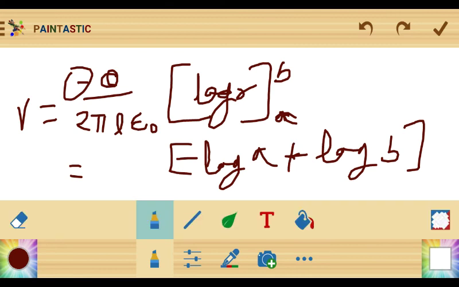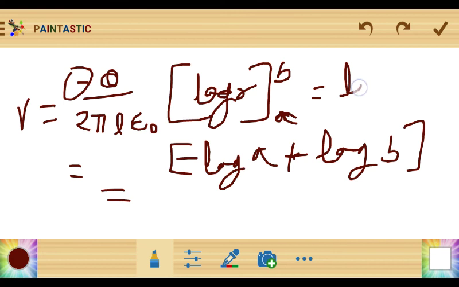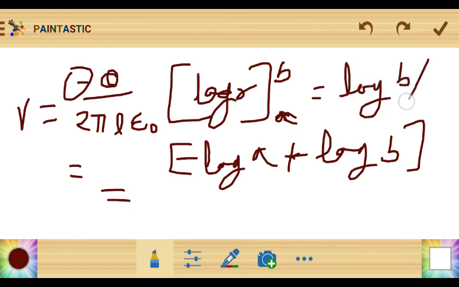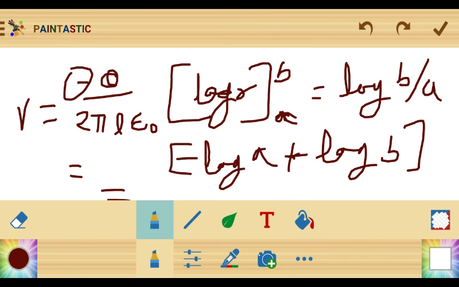So it can be written as log B minus log A, which can further be written as log B upon A.